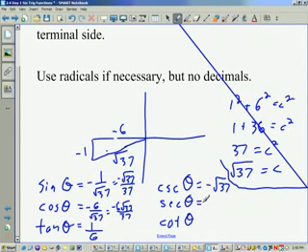Alright, now let's do secant: negative root 37 over 6, which is just the reciprocal of cosine. And cotangent is the reciprocal of tangent, so 6 over 1, which is just 6.